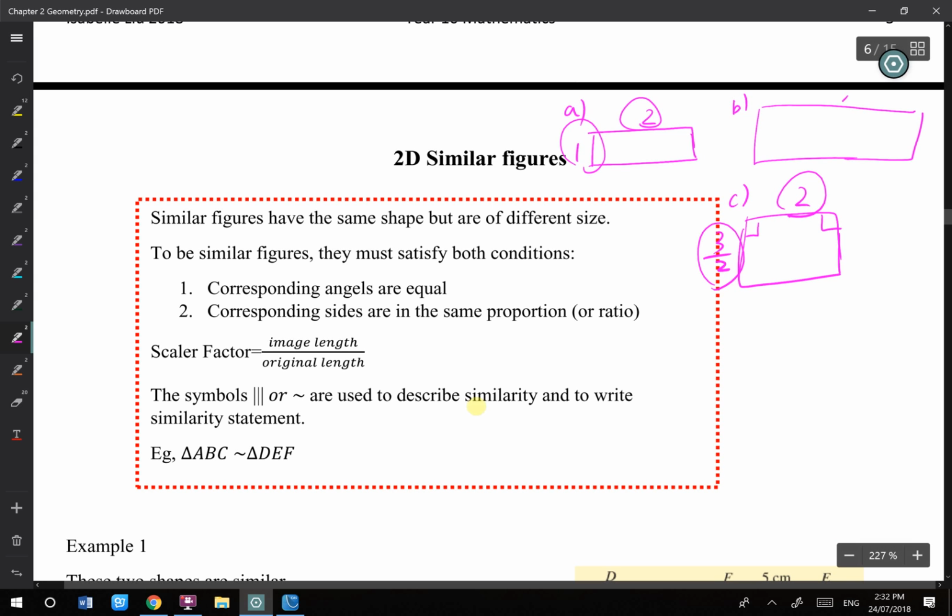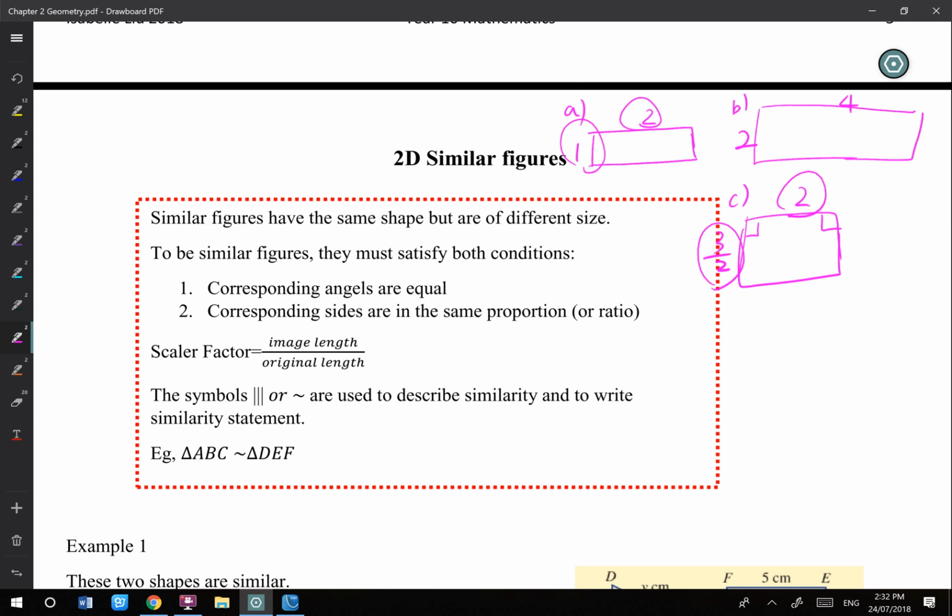But how about this one? If that's 4, that's 2. Do you think A and B are in the same proportion? Yeah, they are 2 times of each other. Every length is 2 times the other one, and width is 2 times the other one. So they are in the same proportion, plus they have all the angles equal. Then A and B are similar shapes. A and C are not similar shapes. That's how we decide whether they are similar or not.